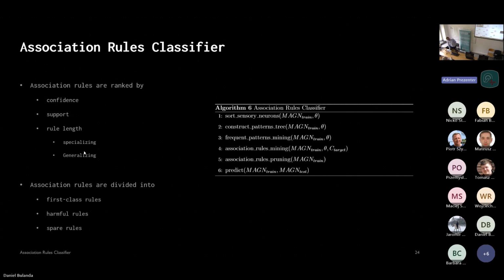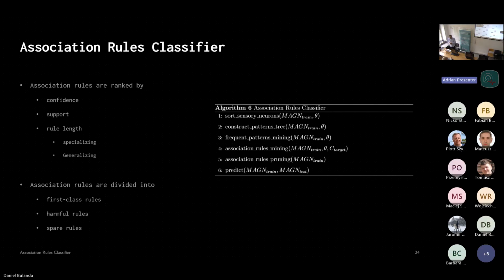And for rule length, we have two cases, and this can be treated as a parameter of the model. So we need to decide a priori whether we would like to have a generalizing model or a specializing model. If the model is specializing, then we pick the longest rule possible. So for specialization, we look for a rule that describes the testing incoming example in the most detailed way. That's why we call it a specializing rule.